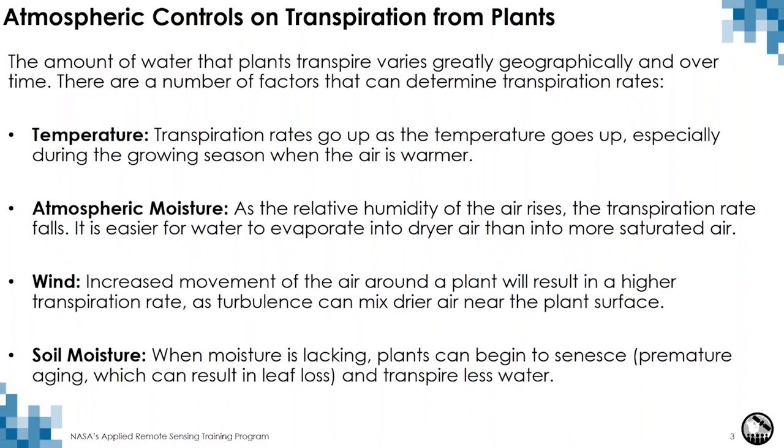These four controls are all tied together, and no single one really dominates. It's how they all interact together that helps us understand how the plant interacts with the atmosphere and with that exchange of water.